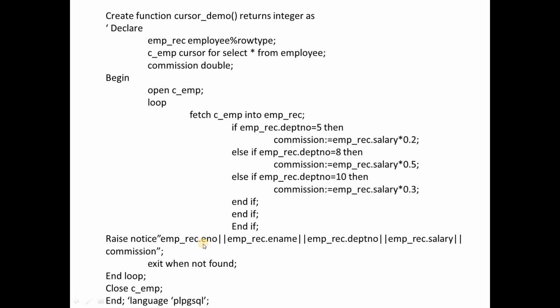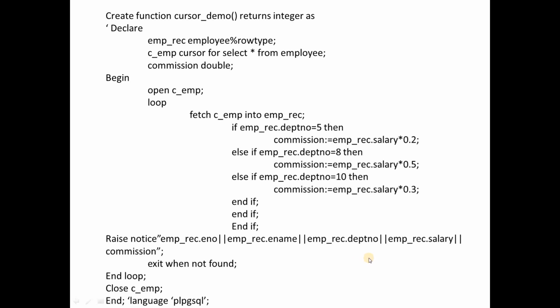So first of all, I print emp record dot eno, that means the employee number for that particular record variable, then the employee name which is available in your EMP record, then your department number, then your salary which is held by your EMP record, and then the commission which is calculated in this loop. All the records along with their commission we can display for the employee.